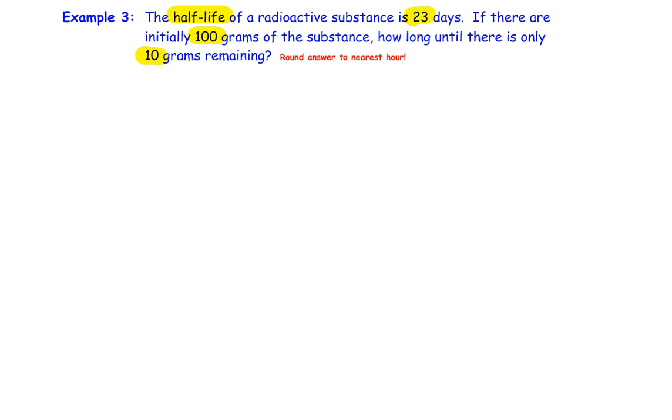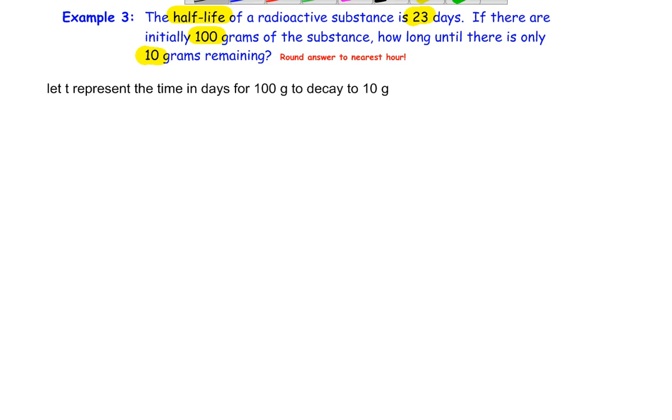When you build your equation, you're going to use a base of 1/2 or 0.5. So here we'll let T represent the time in days for the 100 grams to decay down to 10 grams. And from that we will write our equation.